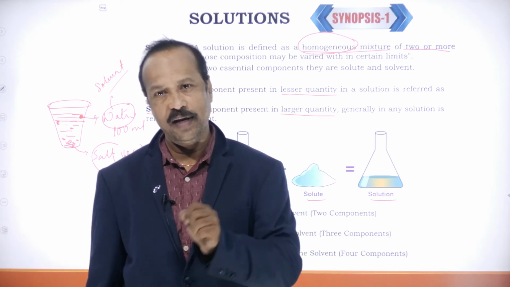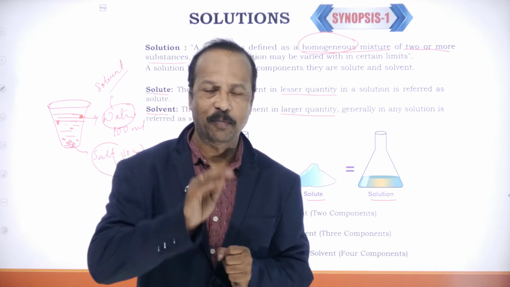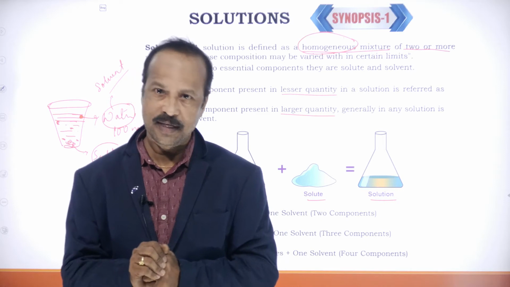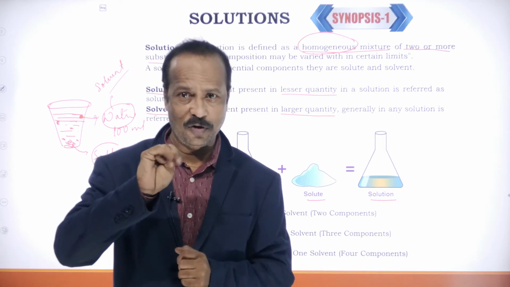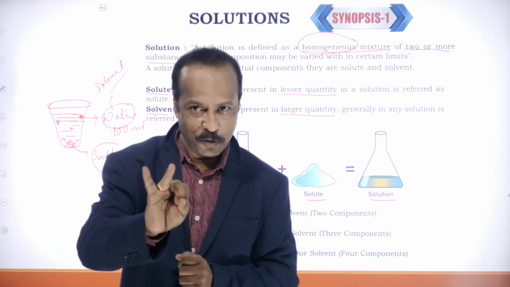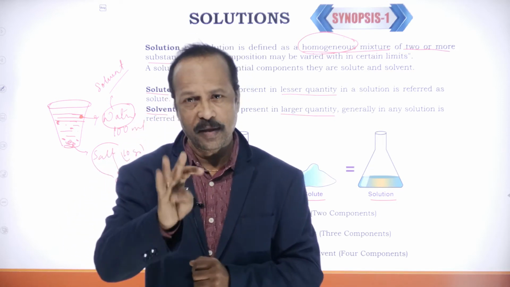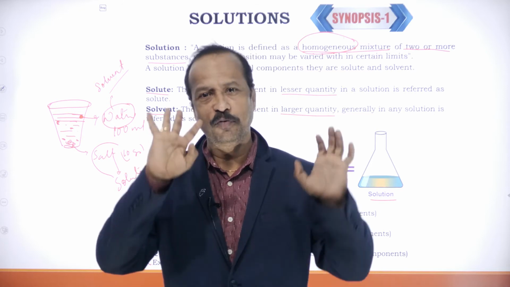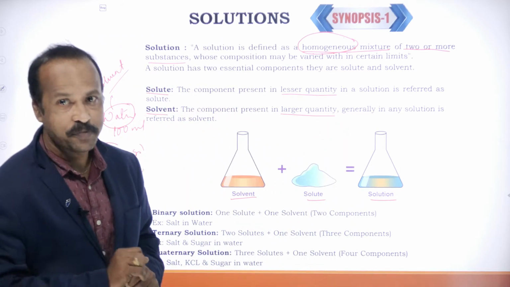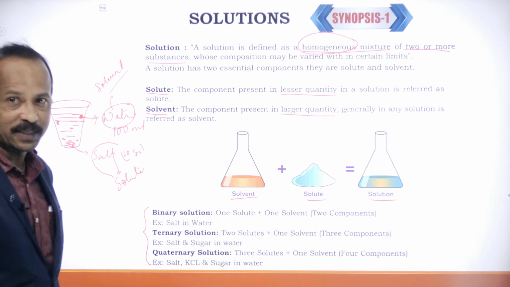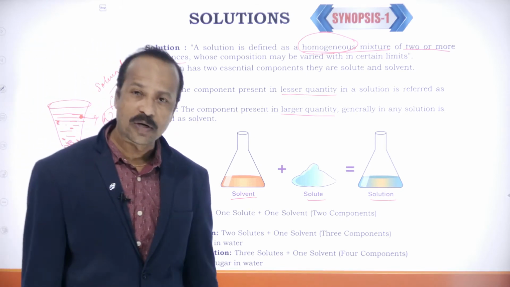And then finally after boiling, they add some amount of milk. So now how many components are there? 4 components: water, tea powder, sugar and milk. The solution which contains 4 components is called a quaternary solution.